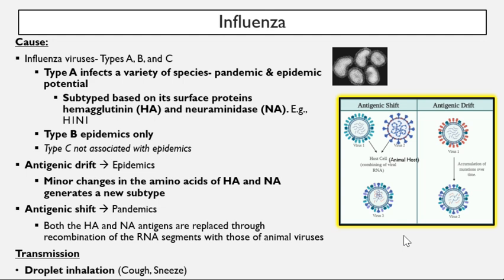The transmission is through droplet inhalation, where you have a cough or a sneeze, and the flu virus itself is actually trapped in a droplet, which was big during COVID times.